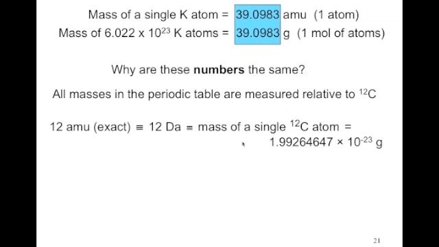Now, if we have exactly 12 grams of carbon-12, not something we weighed out or measured, but assume we have exactly 12 grams of carbon-12, look at what we've done here. We've made these numbers identical. And now we want to address the question: we know the mass of a single carbon-12 atom.